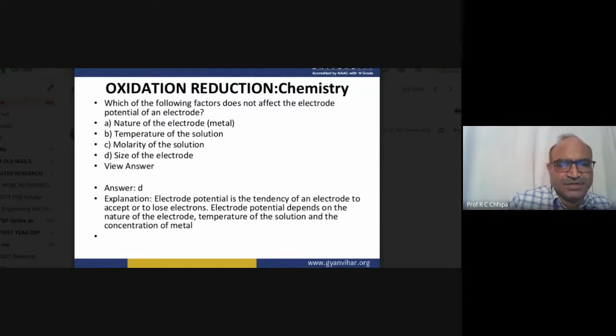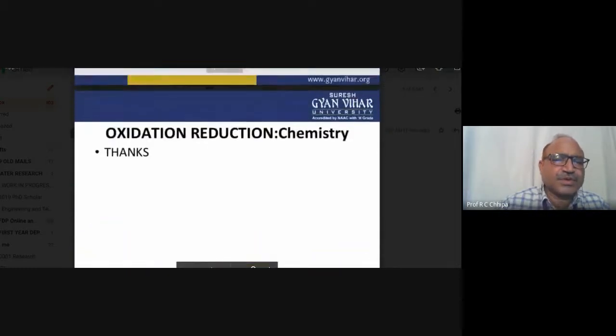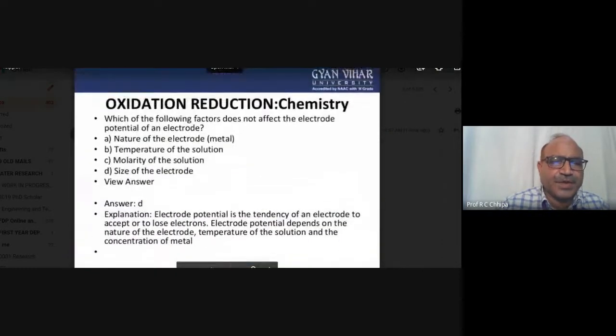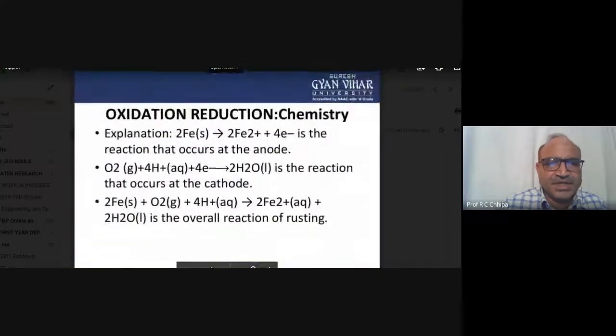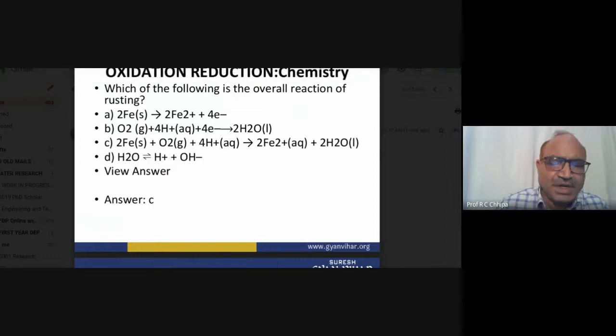So I think all of you have one more. We can start from the oxidation. Oxidation is very simple, and various electrochemical reactions are related to electron transfer.